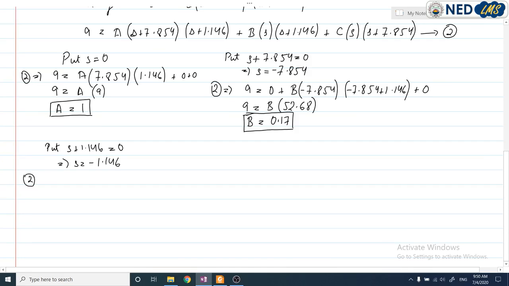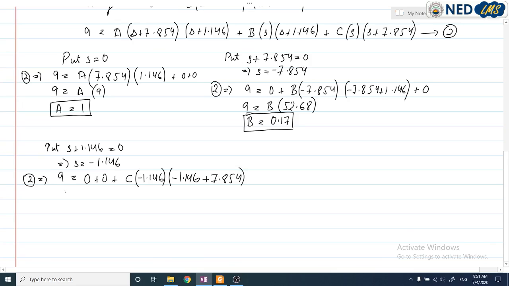So now equation 2 becomes 9 equals, the first two terms become 0, and the last term will have C multiplied by minus 1.146 plus 7.854.